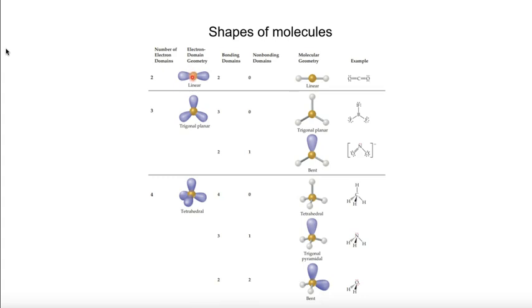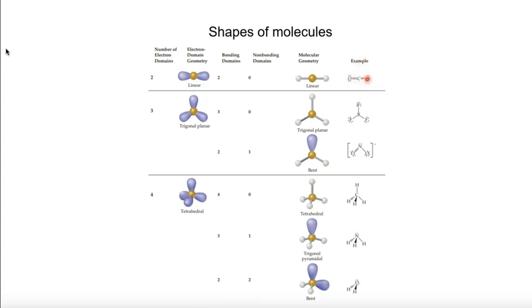We have to have a minimum of 2 bond pairs to get a shape. So in this case, we have 2 pairs of electrons, both bond pairs, and we have a shape like this. We call it linear shape because the angle between these 2 bond pairs is 180 degrees. An example is carbon dioxide.